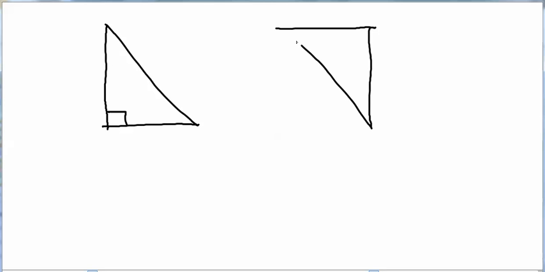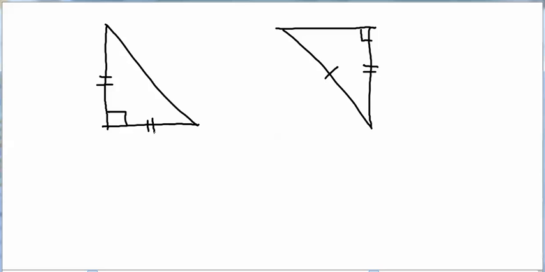So this picture here, are they congruent by hypotenuse leg? No, because you don't know anything about this hypotenuse, do you? These would not be congruent by hypotenuse leg, or there's not enough information.